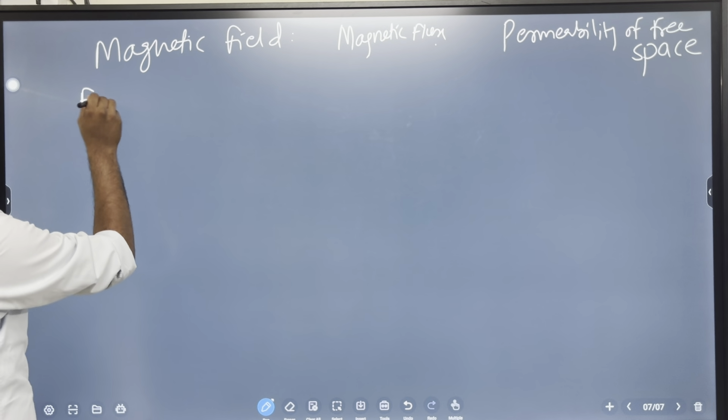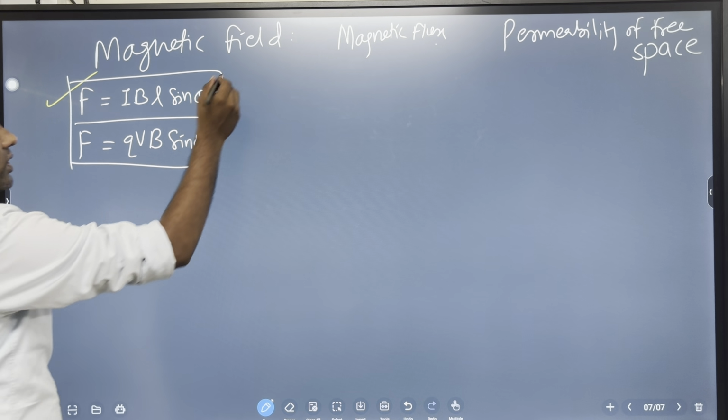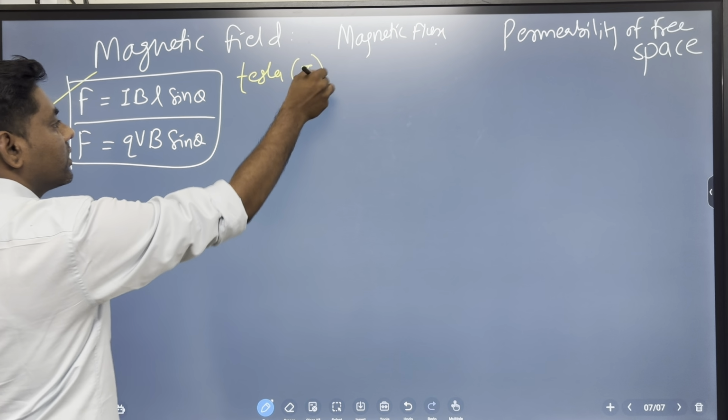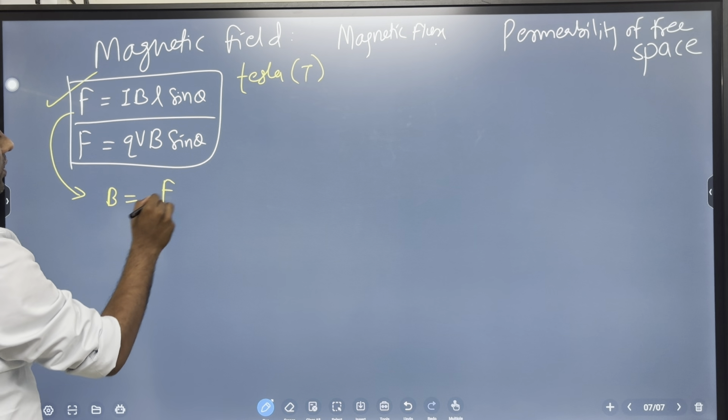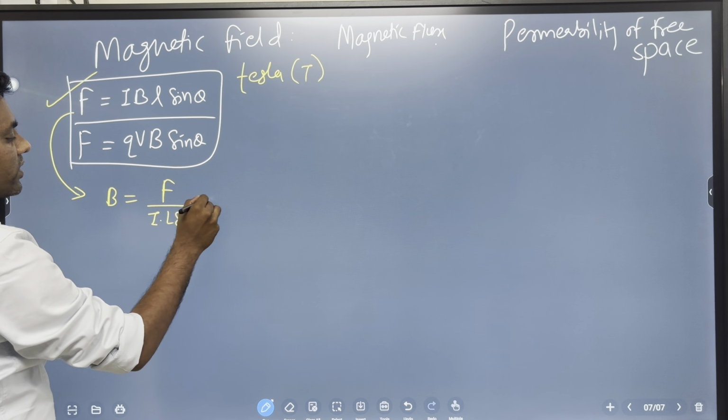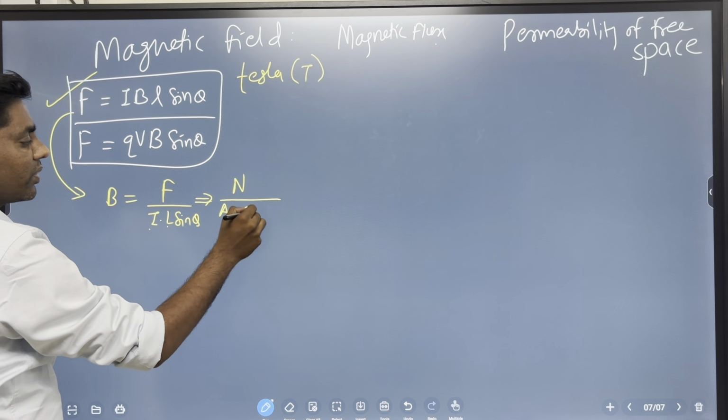We solve the dimensional formula for magnetic field by using the first formula. Remember the SI unit of magnetic field is measured in Tesla, denoted by capital T. From this formula, B equals force divided by current into length sine theta. What is the SI unit? Newton divided by current measured in ampere, and L is meter.